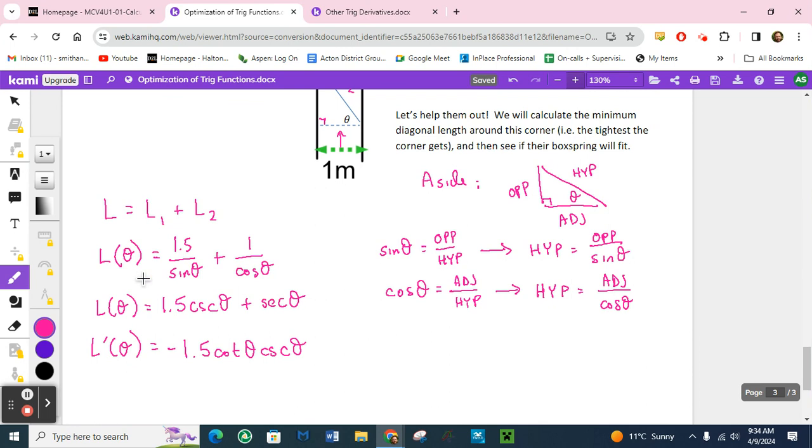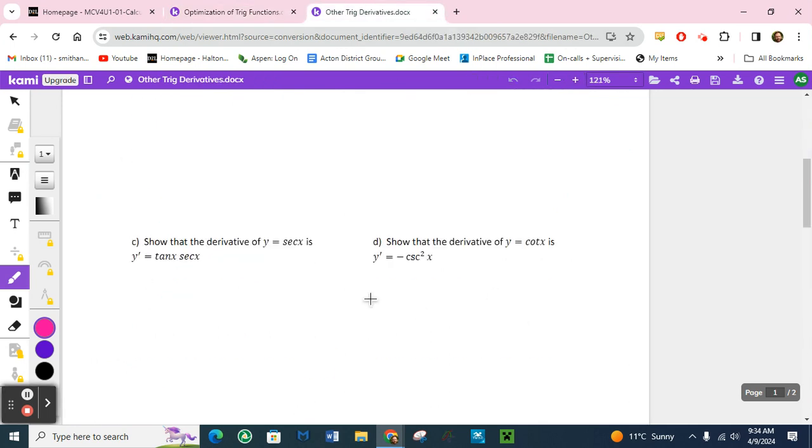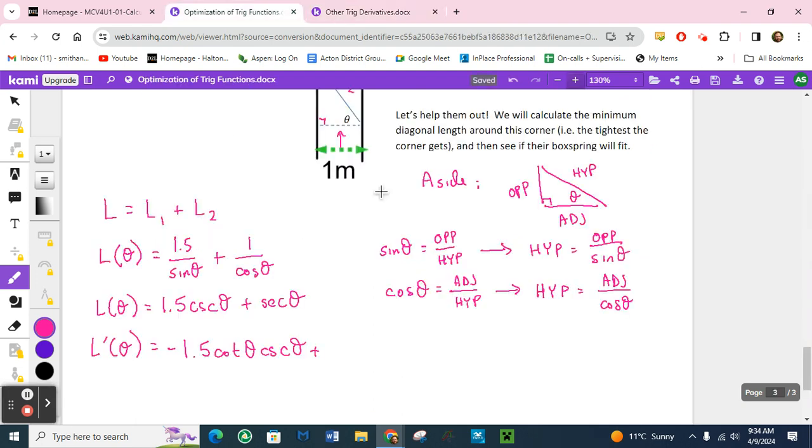And then the derivative of secant theta, just looking it up here, we did that down here. Tan theta times secant theta. That look okay to you guys? All right. We have to set this equal to 0 and solve it.